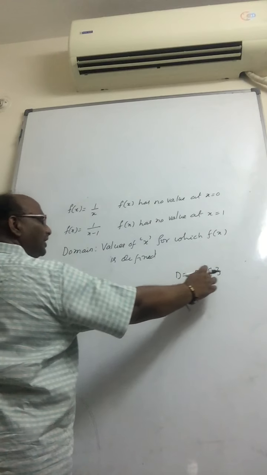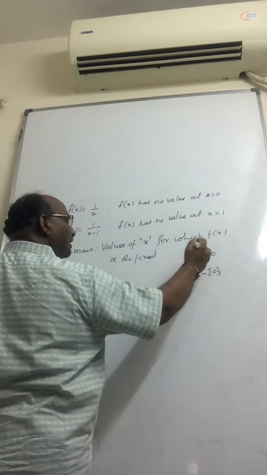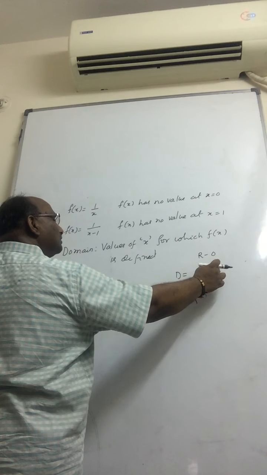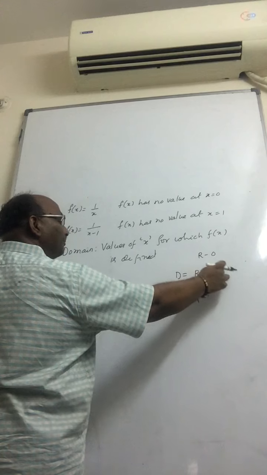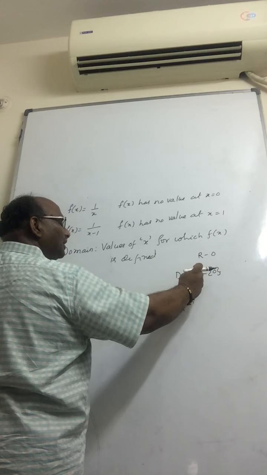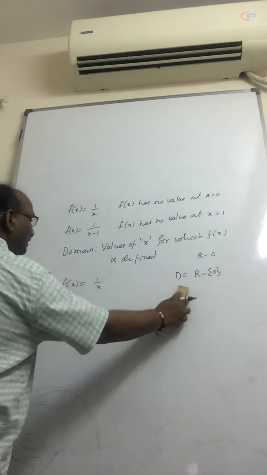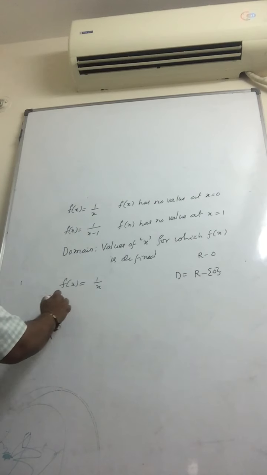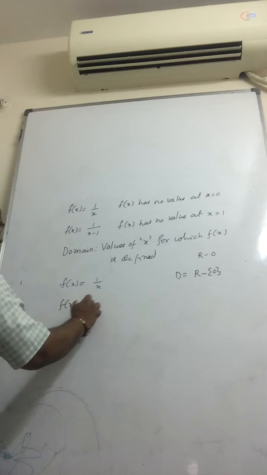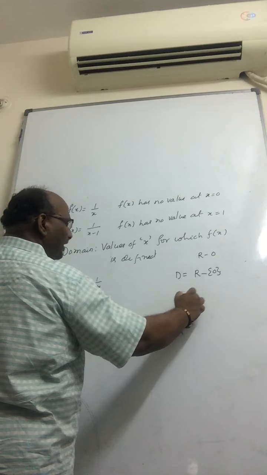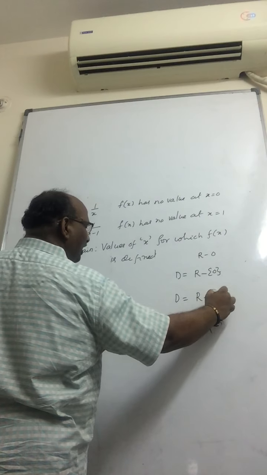Because it is a set, you must write it as a set. You should not write it like this. You should write 0 in curly brackets, which represents a set. You have to subtract a set from a set. The difference of sets is meaningful. Right? Similarly, once you take the function as 1 by x minus 1, domain will be R minus {1}.